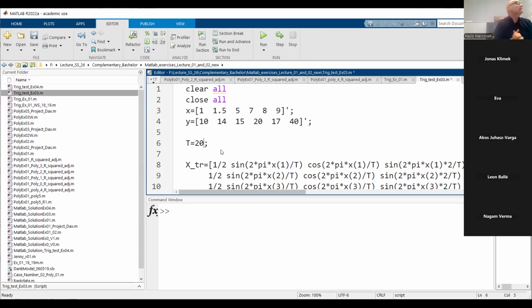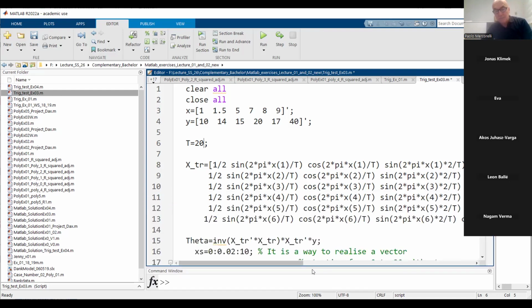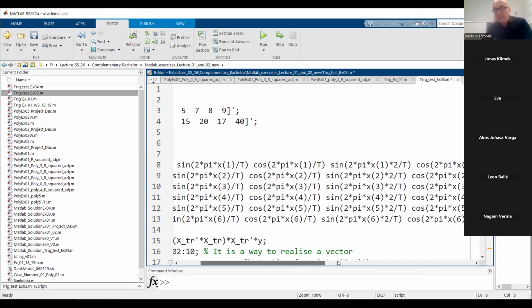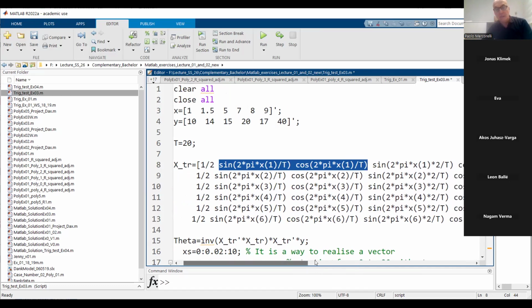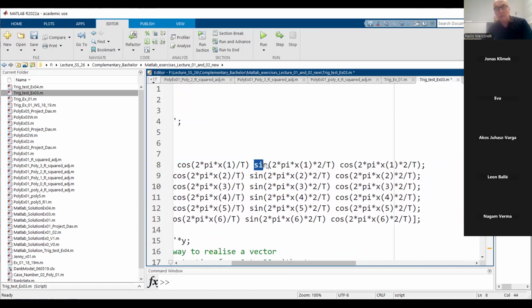Again, we will see that if I don't give T, we already told you we have a non-convex optimization problem. We have to proceed in a different form. T is given, and look at the matrix here. N is also given, because we can see that we have just k equal 1 and k equal 2.